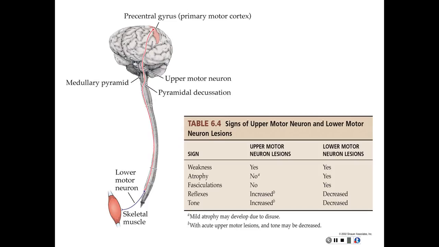So, again, remembering the fact that the dot represents the neuron cell body, the line represents the axon, right? And we have an upper and a lower. So the uppers are located in the cerebral cortex. And not anywhere in the cerebral cortex, but specifically in this primary motor cortex that's found in the precentral gyrus.